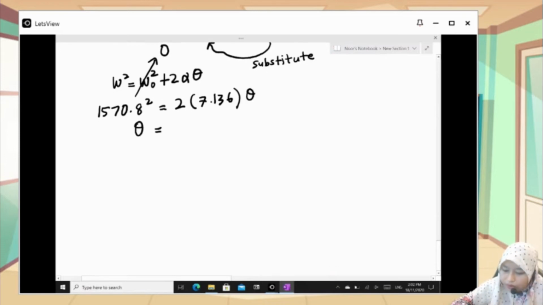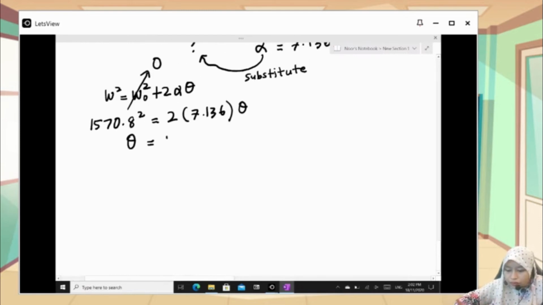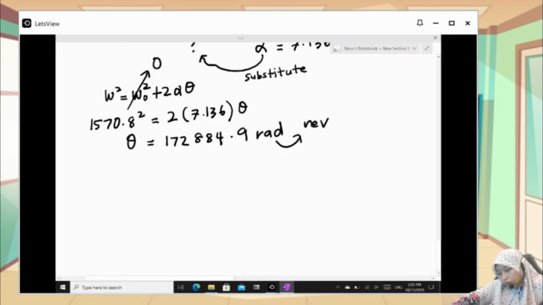So theta is 1570.8 squared divided by 2 times 7.136. It gives us 172,884.9 radian.